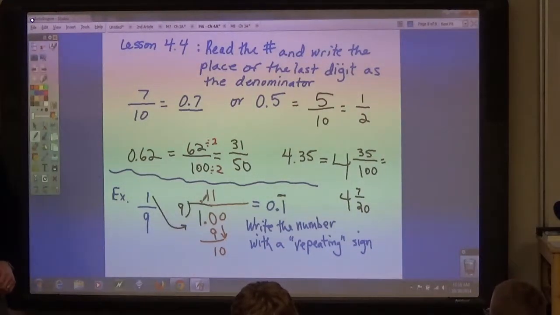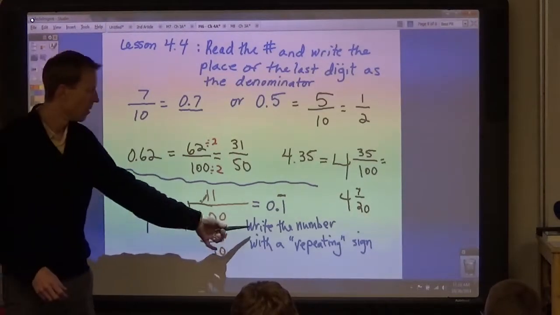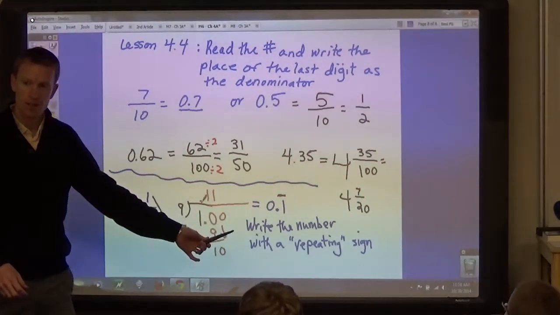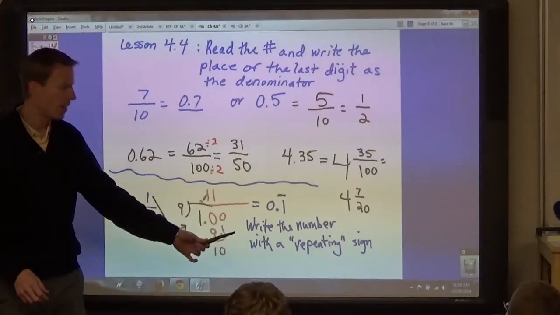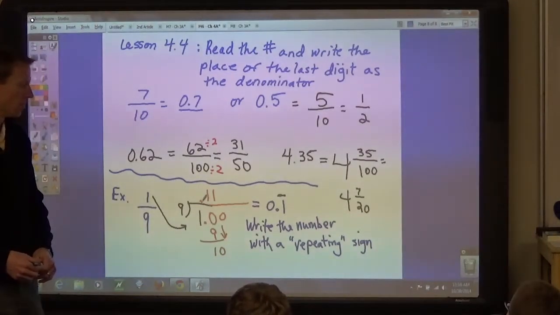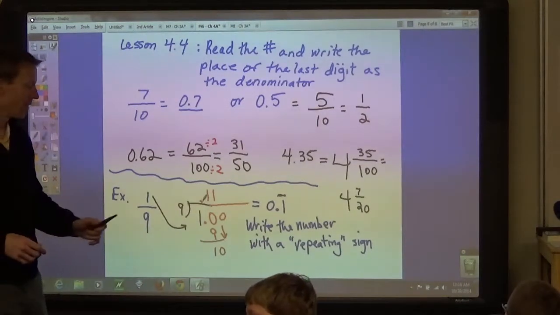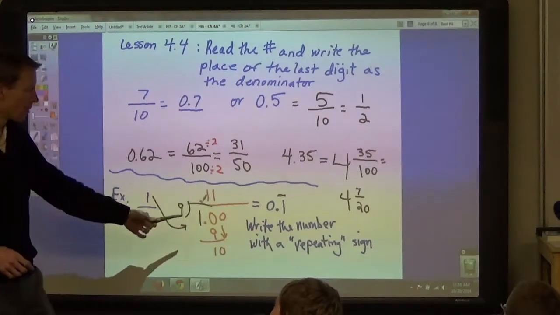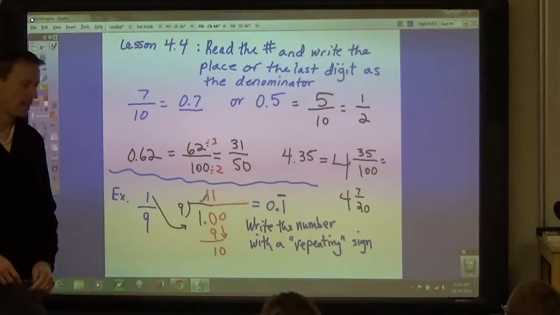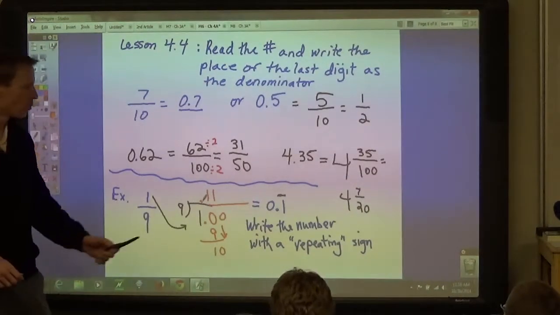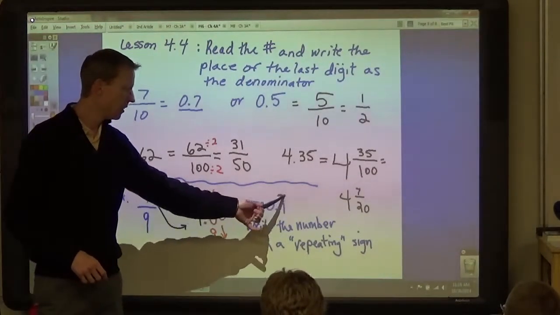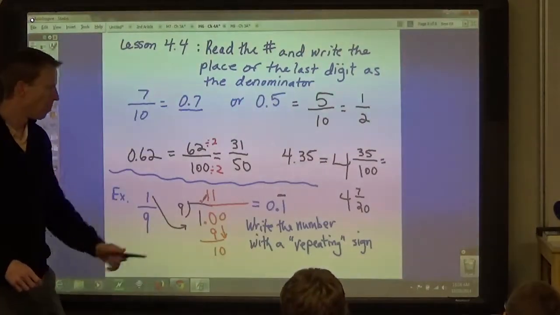A repeating decimal. Would it work with like 8? Well, let's see. You're going to find a pattern with ninths. But let's talk about this. How would you write this as a decimal then? You would have to write it with the repeating sign above the 1.